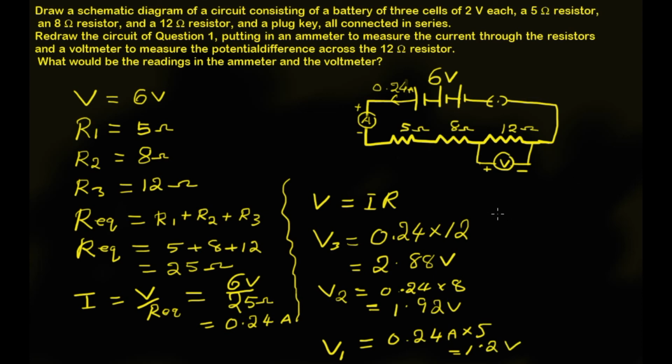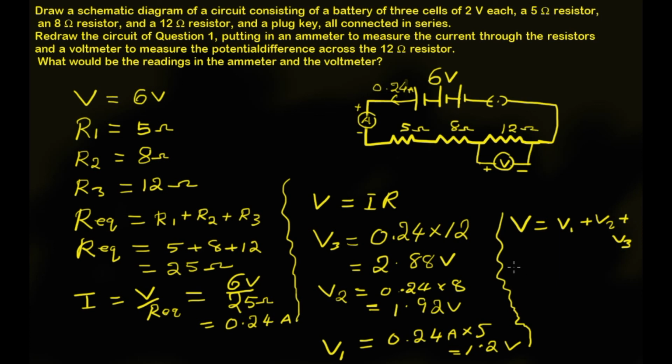When we add the voltage drop across all these resistors, say 5 ohm, 8 ohm and 12 ohm, the total will be equal to the applied voltage here. That is, in series combination, current will be the same for all resistors, but voltage will be different. The total voltage applied will be equal to the sum of the voltage drops V1 plus V2 plus V3 across each resistor.